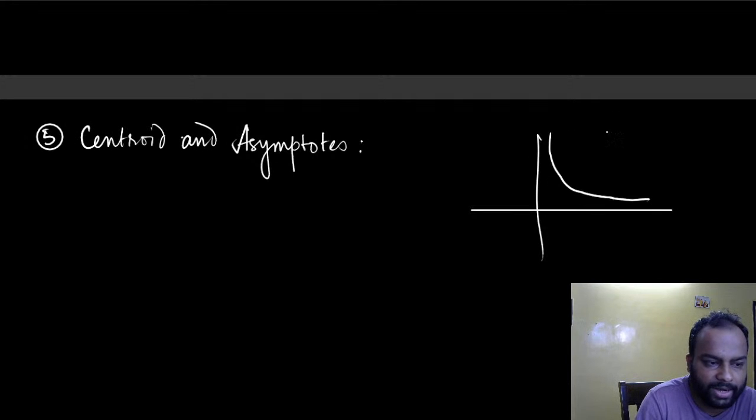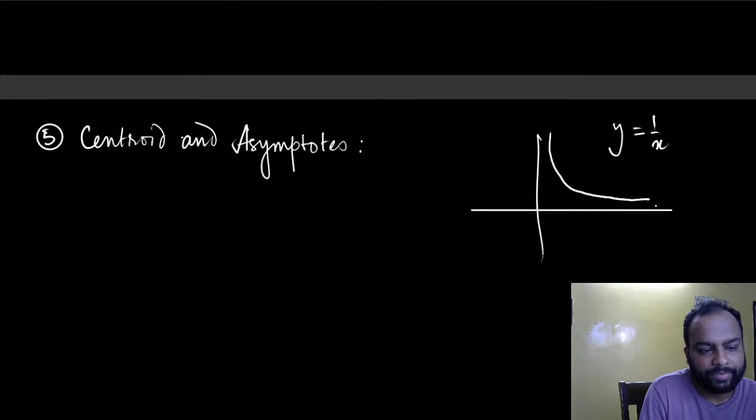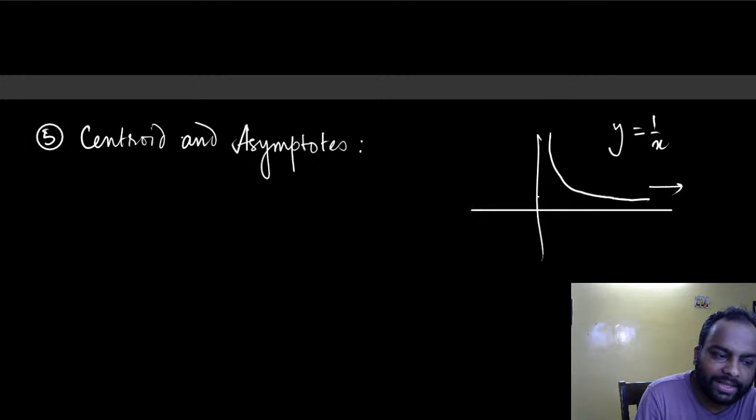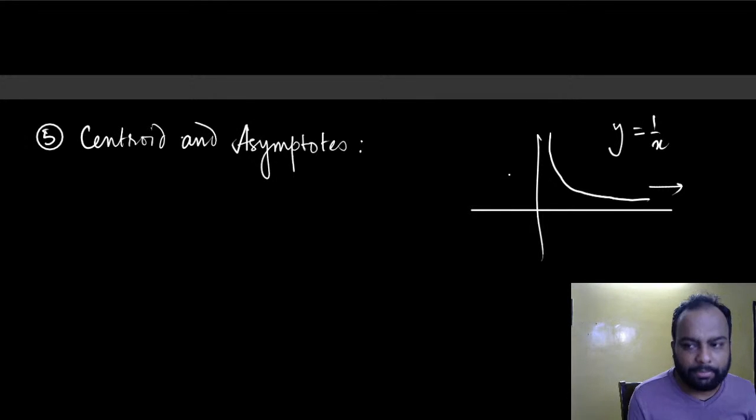If I go to infinity along the x-axis, then the x-axis itself becomes a tangent, and along the y-axis, the y-axis becomes a tangent of this curve. So the oversimplified definition of an asymptote is a tangent on the curve at infinity.